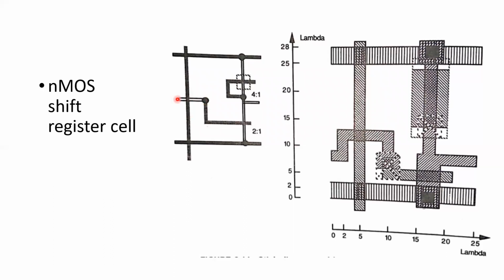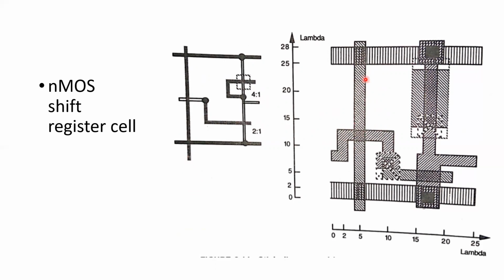So here we can apply the input. That input is applicable to the NMOS transistor of the NMOS inverter enhancement mode only if your clock signal is logic high. That is how the working of the shift register is going to happen.